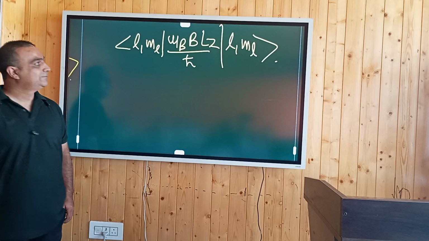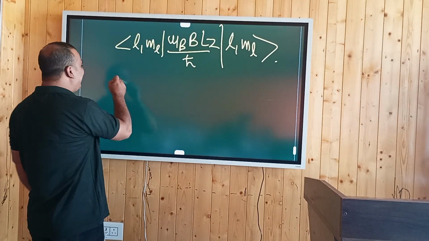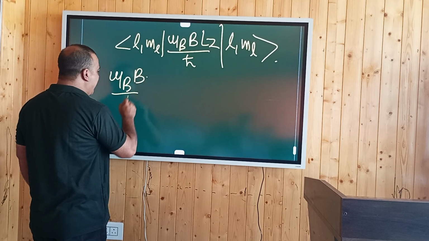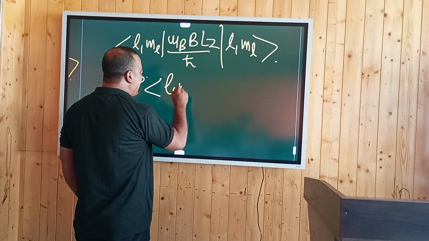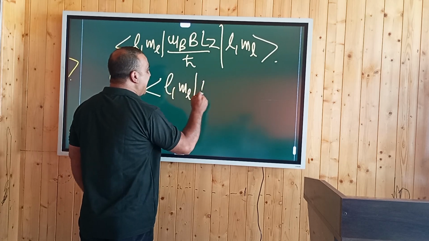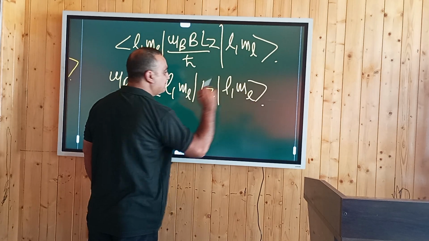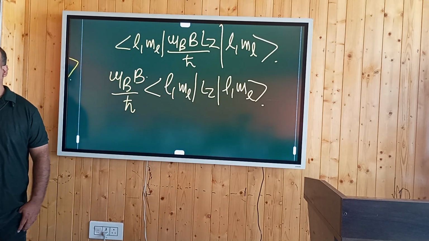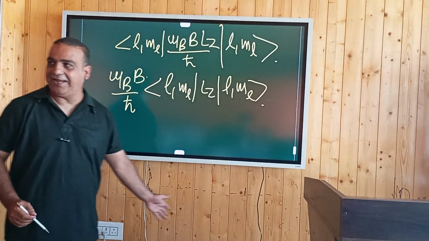Clear? So this mu B is Bohr magneton, get it out. Magnetic field is constant, get it out. H bar is out. Inside you are left with L, ML, LZ, L, ML. Am I right? You're getting it? Okay? You should feel happy about it because you're getting it.